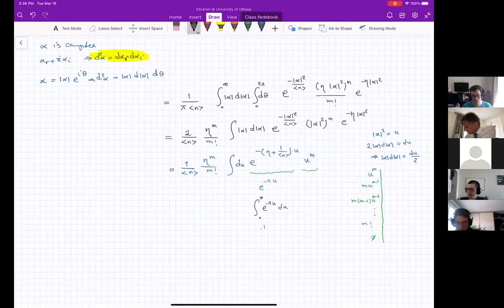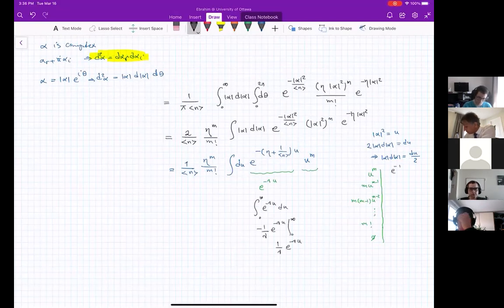That will be 1 divided by minus gamma e power of minus gamma u from 0 to infinity. The infinity one will be 0, assuming gamma is a positive real, which it is, because eta and n are positive real. And then with u equal to 0, it will be 1 divided by minus gamma e power of minus gamma u. That will be the first one.